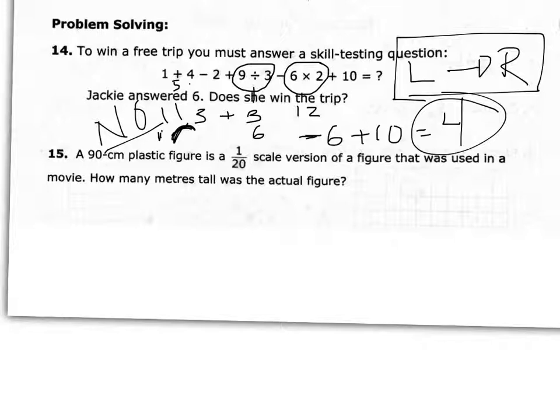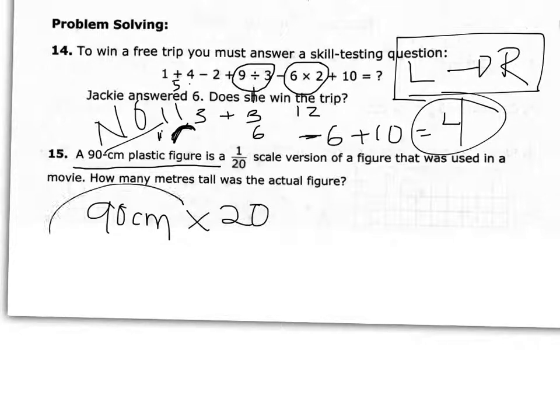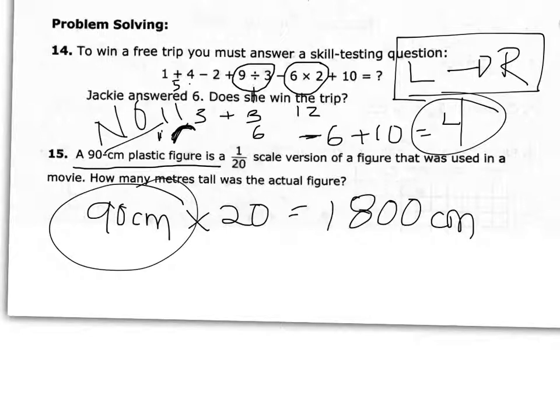So if this is a plastic figure and the figure, 90 centimeters here, is only 1/20th of the scale version, basically it's saying that the actual figure is 20 times this scaled version. So essentially what you're doing is multiplying 90 by 20. And you should have gotten 1800 centimeters is the original. It's kind of easy because it's a 1 here.